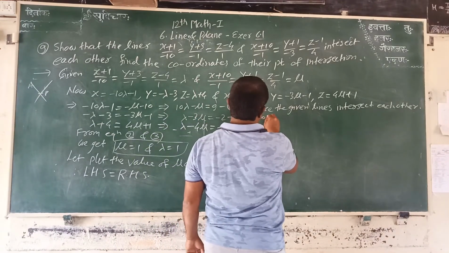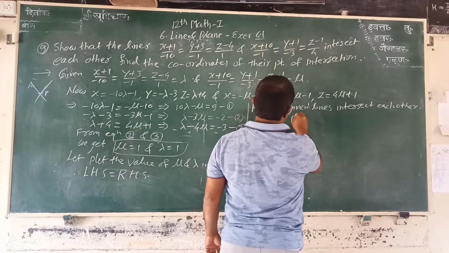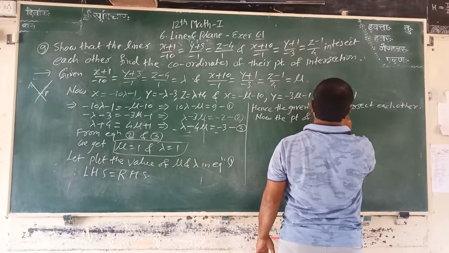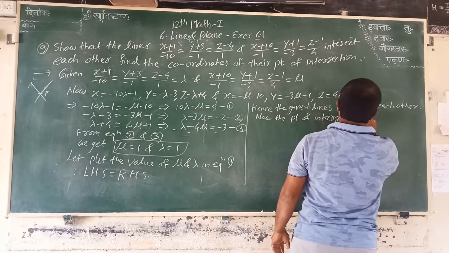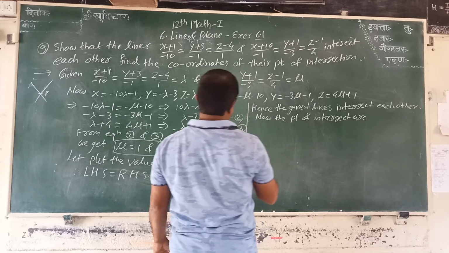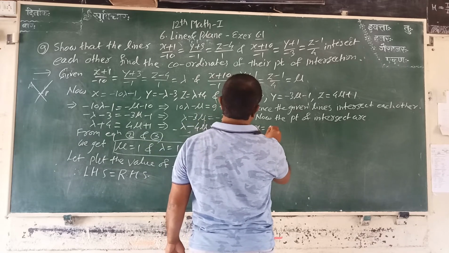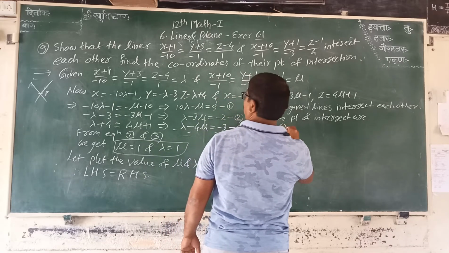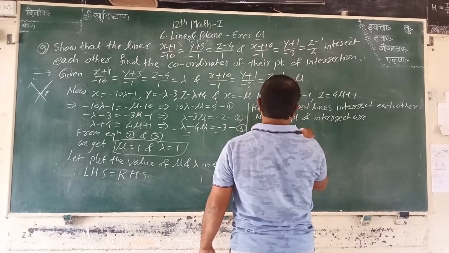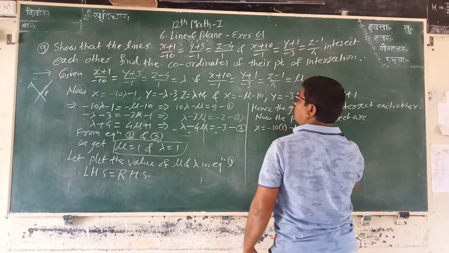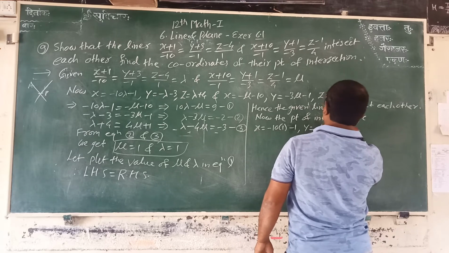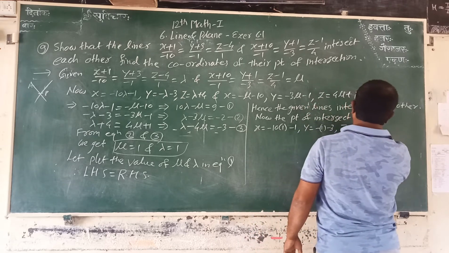Now, the point of intersection here is x equal to minus 10 into 1 plus 1, minus 1, comma, y equal to minus 1 minus 3, comma, z equal to 1 plus 4.